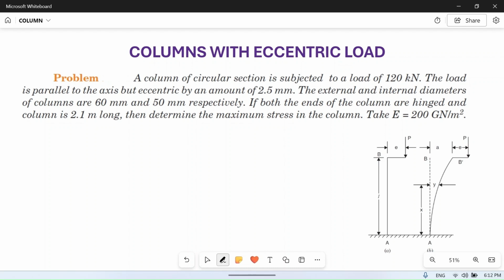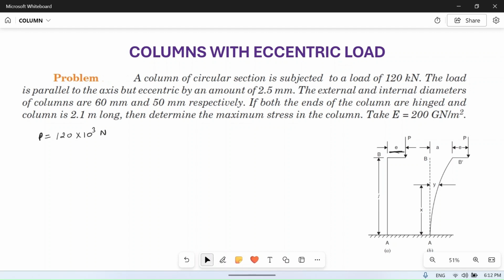So eccentric load means this column is loaded like this. See, it is not in the axial direction. It is away from this axis by a distance e, which is called eccentricity. Okay, so P is 120 kilonewton, meaning 120 into 10 to the power 3 newton.